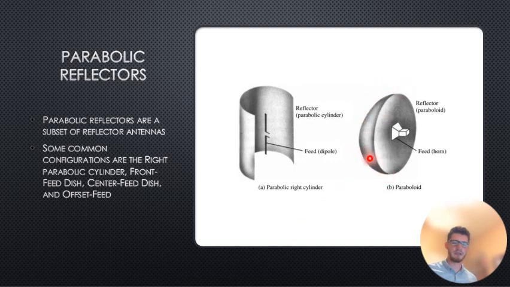So in this case you have a full paraboloid, and in this case you have a cylinder that has a parabolic curve to it, and that helps to redirect all of the incoming signal that hits the face of the reflector into the feed. So here we have a dipole feed for the right parabolic cylinder, and here you have a front feed. So a signal will come in and be reflected off into the feed. Some common configurations are, like I said, the right parabolic cylinder, front feed, center feed, and offset feed parabolic dish.